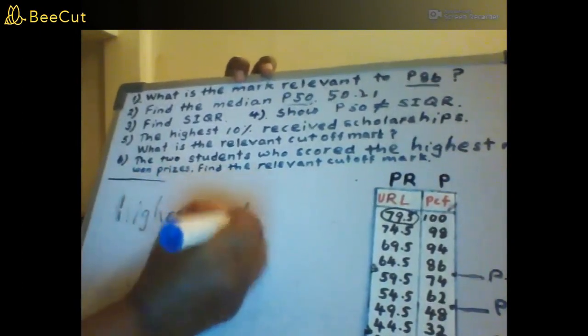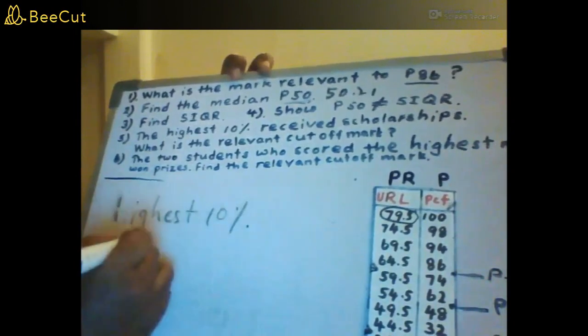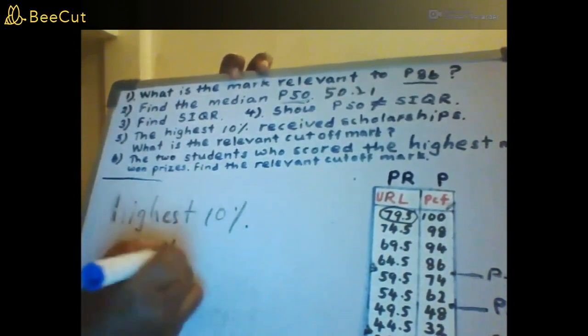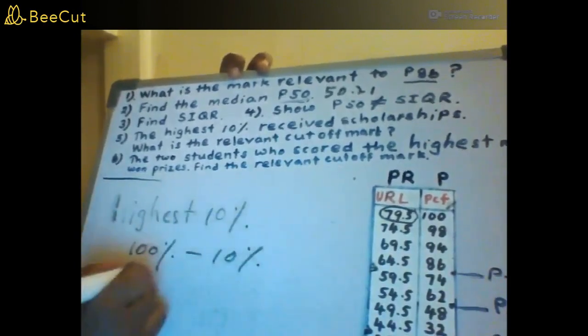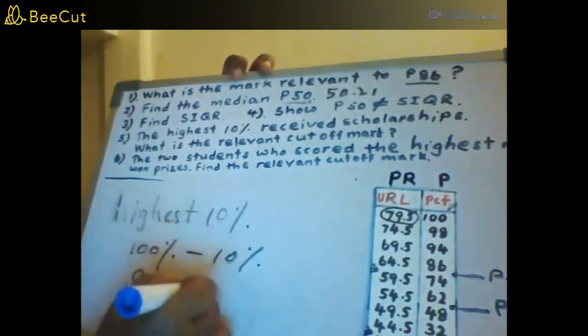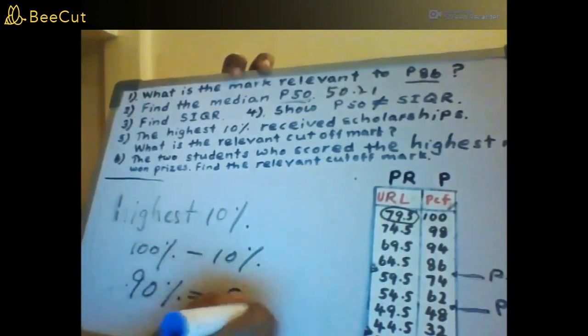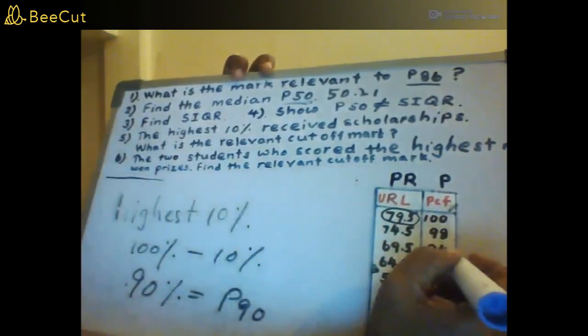Highest 10% means out of 100% minus 10%, 90%. You will have to find P90. Okay, P90. Now where's P90? It is here.